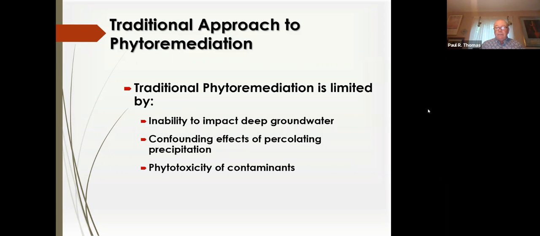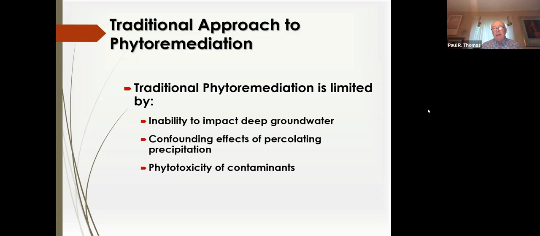So these limitations are what forced us to develop the technology that we have developed. And the things that we overcame were the inability to impact deep groundwater by confounding effects of percolating precipitation.